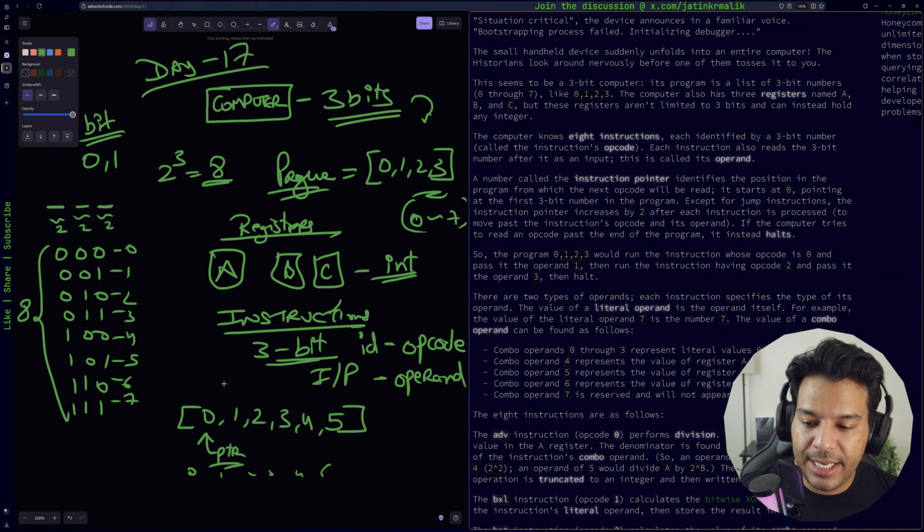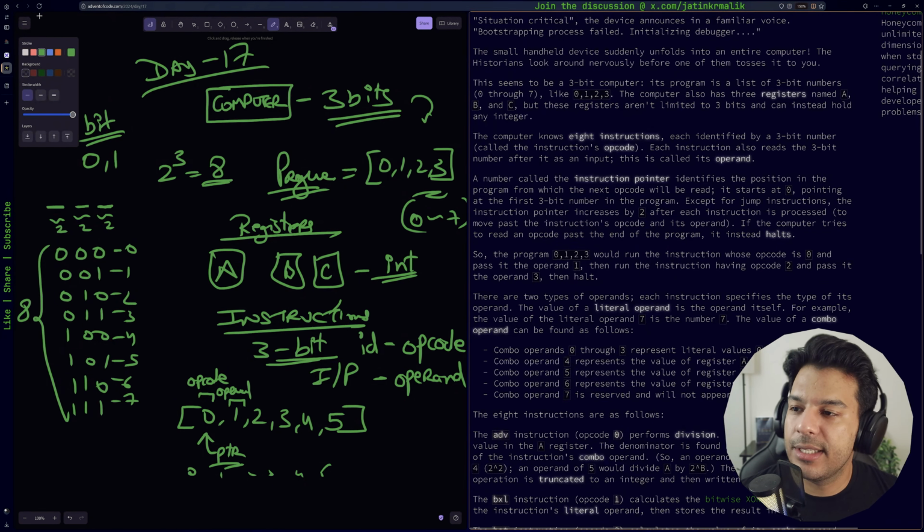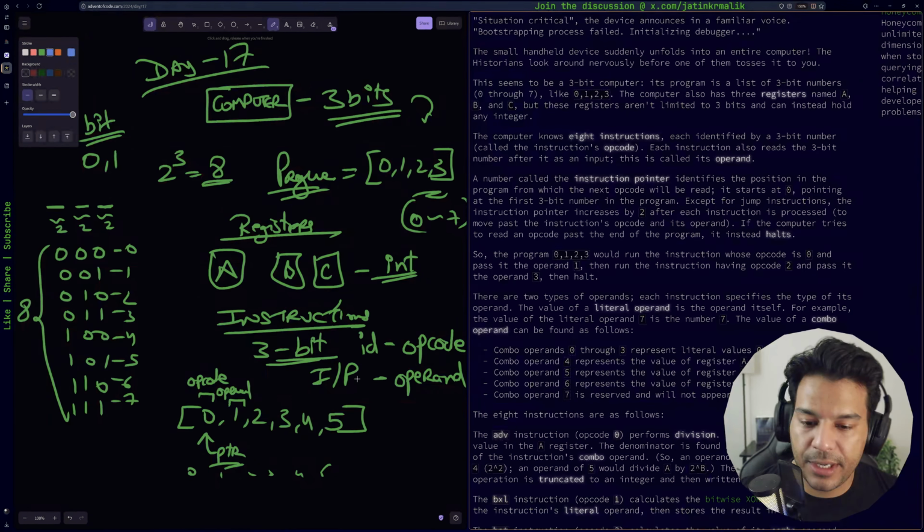The first thing it reads is the opcode, and the second number after the opcode is its operand. I'll represent these with 2 different colors: the opcode is blue and the operand is this red pink color.